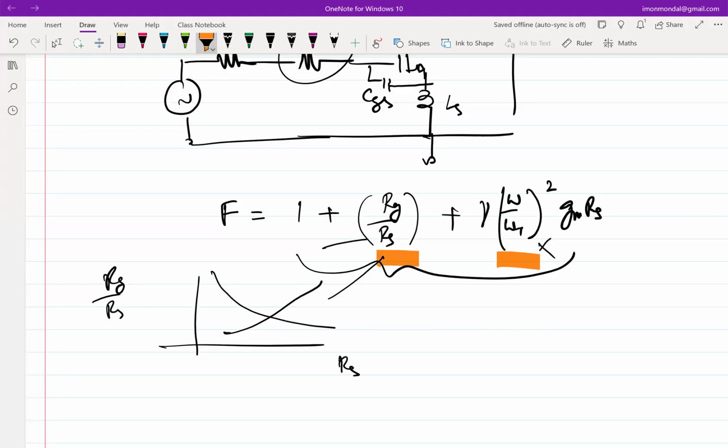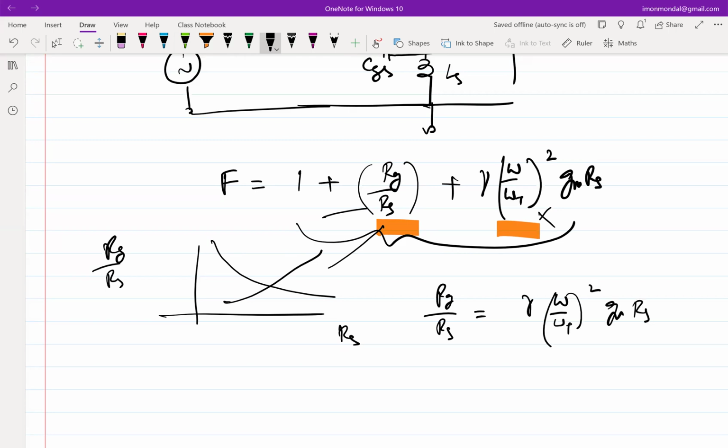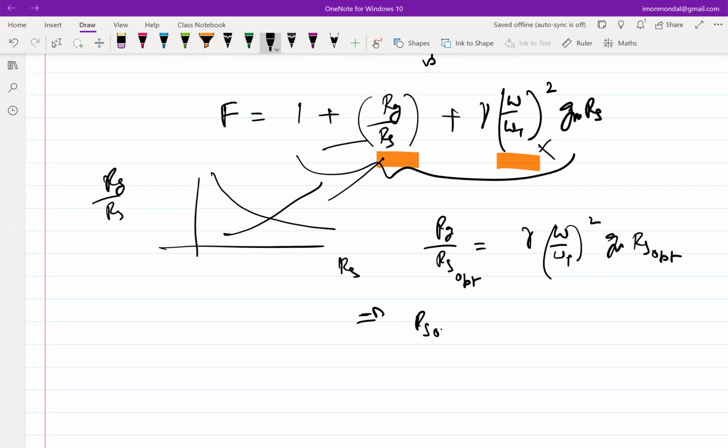So you differentiate and set to 0, whatever you want. So when these two terms are essentially equal, RG over RS becomes gamma omega over omega t whole square GM RS, so your RS opt is under root RG by gamma omega by omega t whole square times GM.